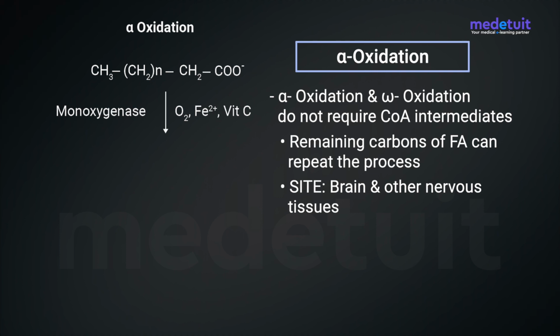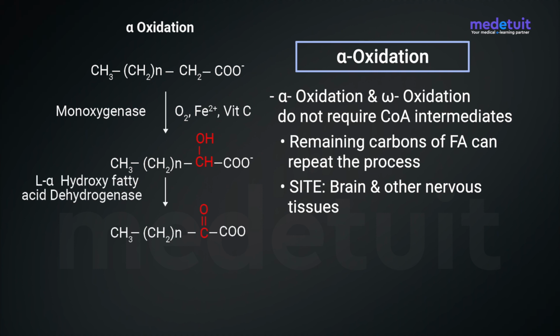Now, there is going to be an introduction of the hydroxyl group at the alpha carbon atom of the fatty acid. Then this fatty acid, which now has an alpha hydroxy group, is going to undergo an oxidation reduction reaction in the presence of dehydrogenase enzyme.